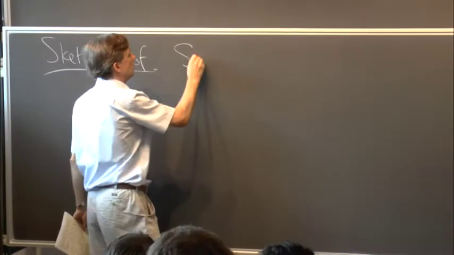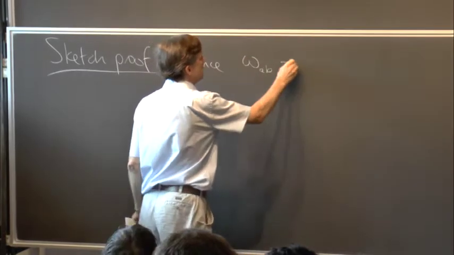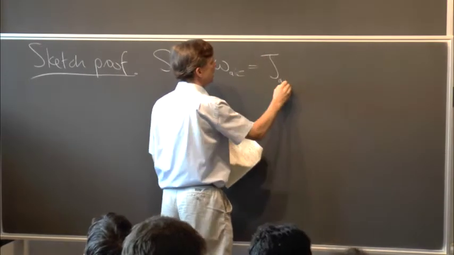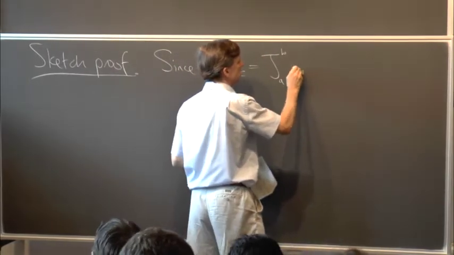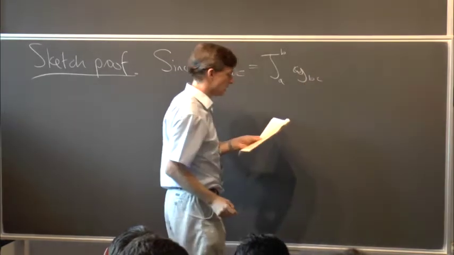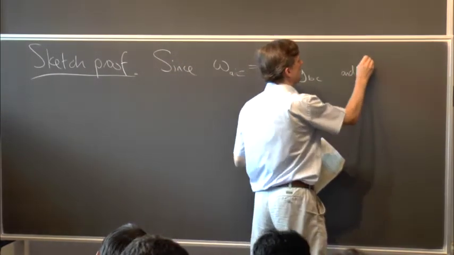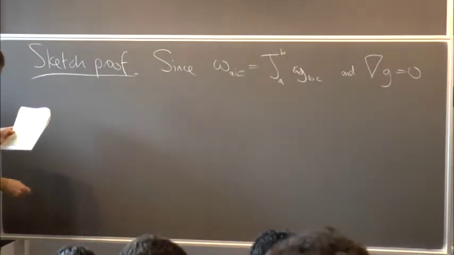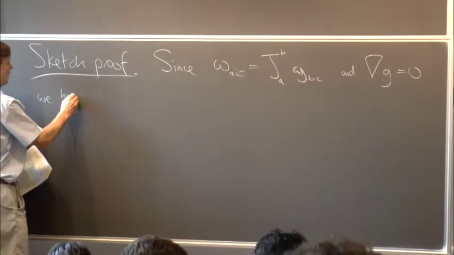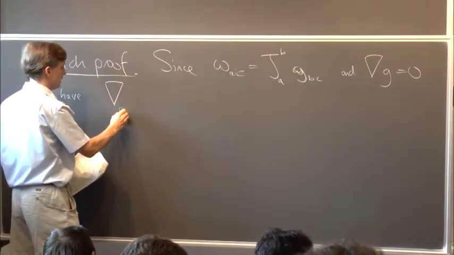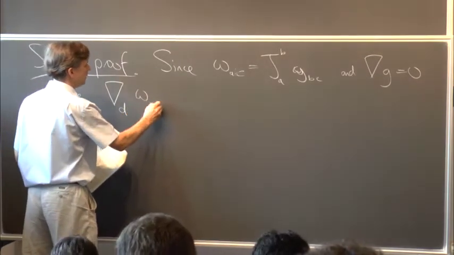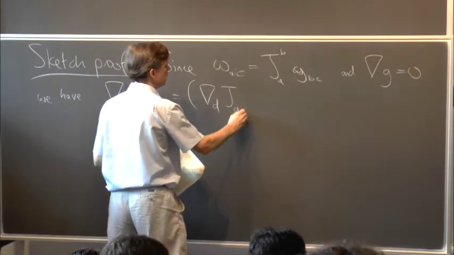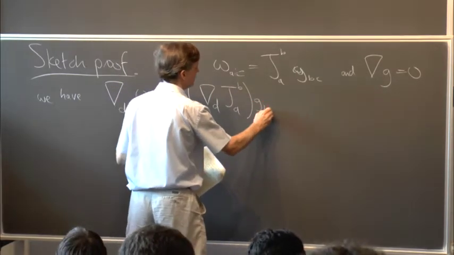Since omega_AC is J_A^B g_BC, and nabla of g is 0 by the definition of the Levi-Civita connection, we have that nabla_D of omega_AC is equal to (nabla_D J_A^B) g_BC.